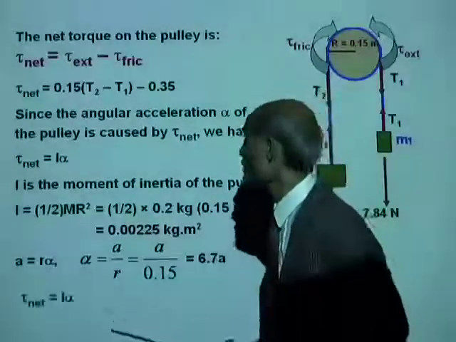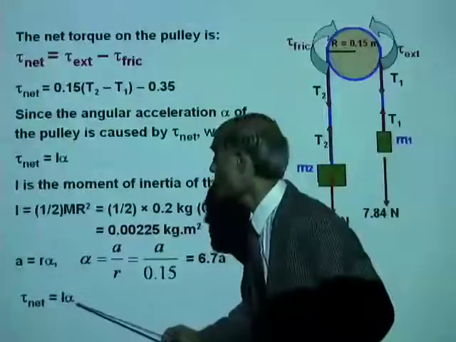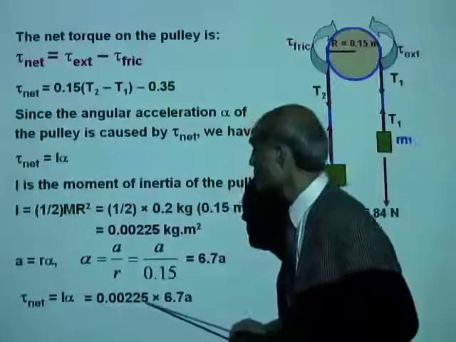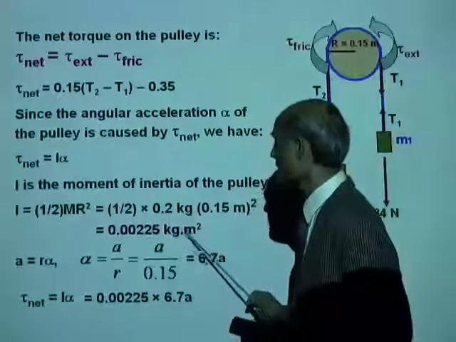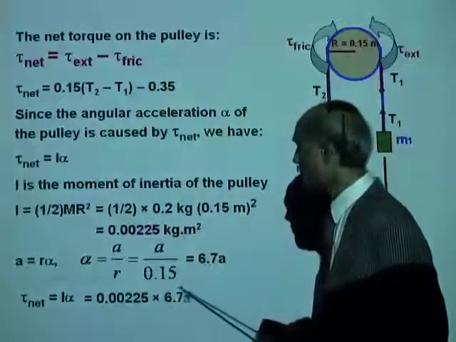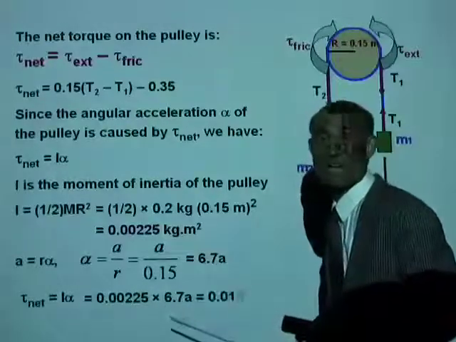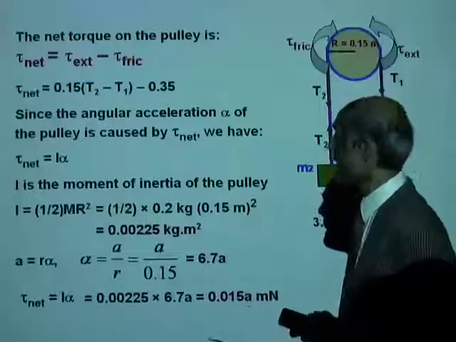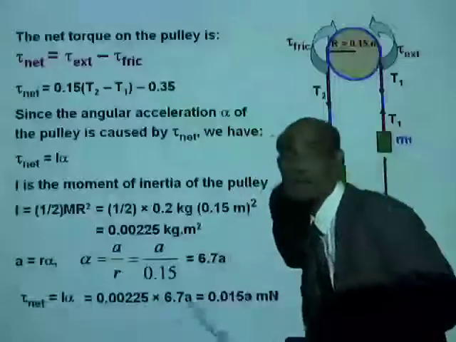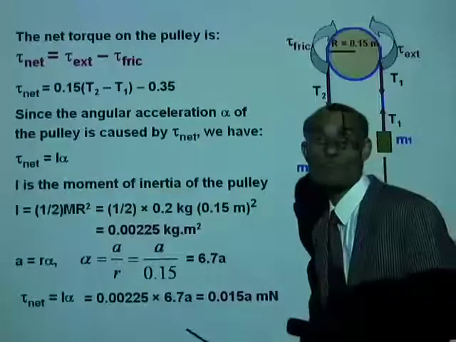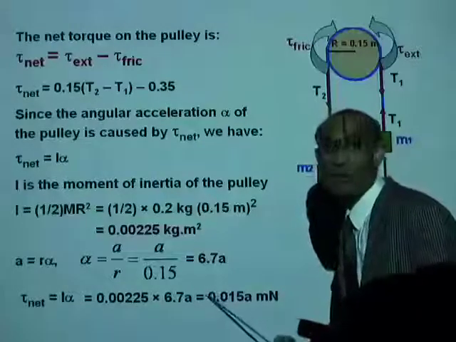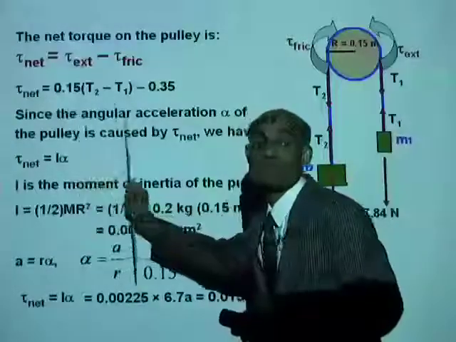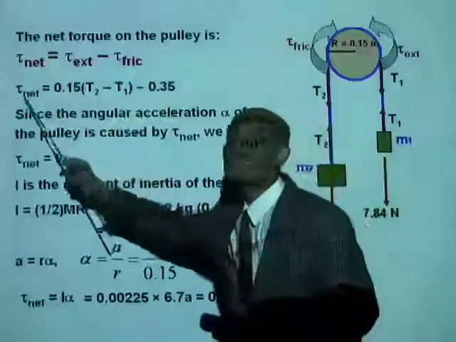Therefore, what is net torque? Equal to I alpha. I is 0.00225 kilogram meter squared, and alpha equals 6.7 a. And that is 0.015 a. So tau net is 0.015 a.